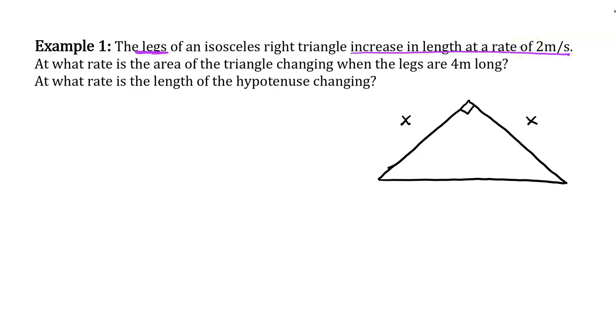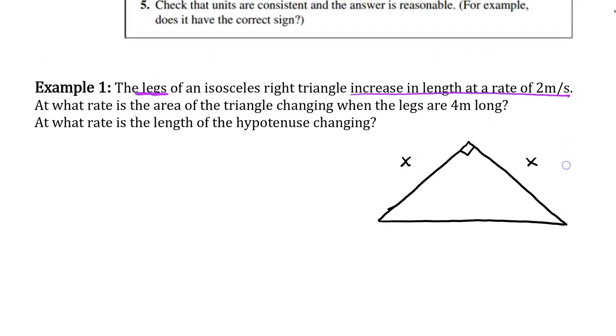Any rate is a slope. So if we call the legs x, then as the legs change, dx/dt, they are changing at a rate of 2 meters per second.